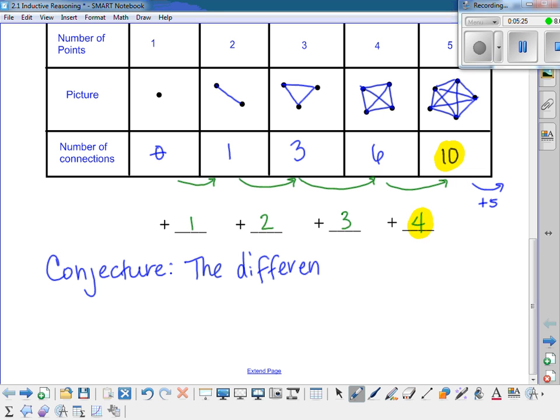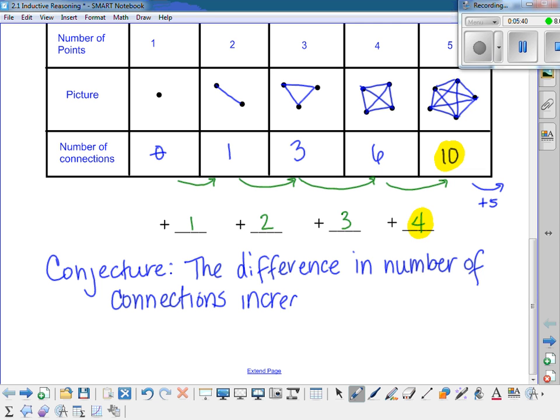The difference in the number of connections increases by 1 each time. So, like we said, if there were 6 points, I think it's going to be plus 5, so 10 plus 5, there would be 15 connections, and so on.